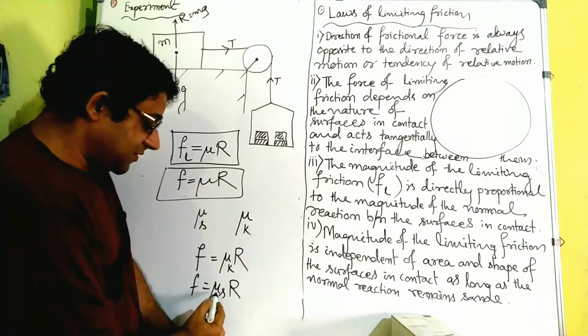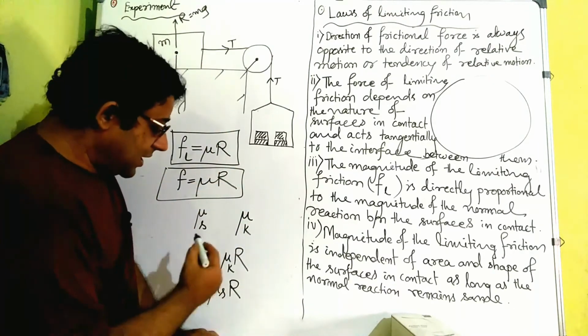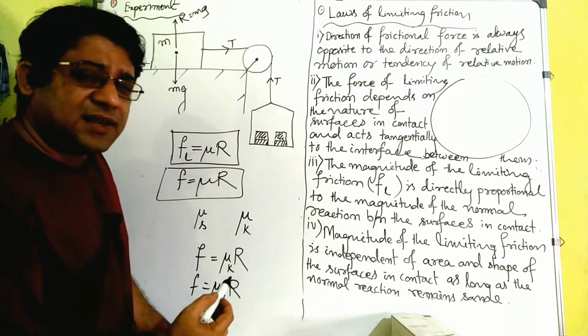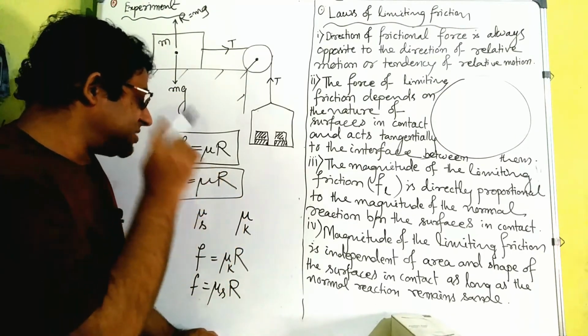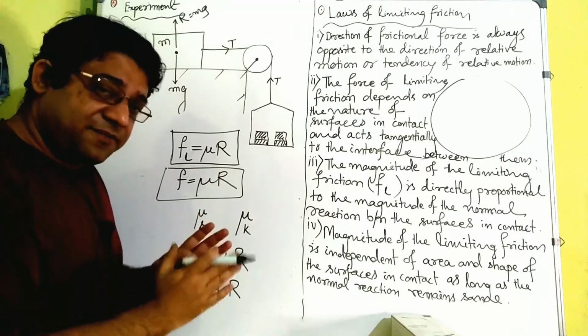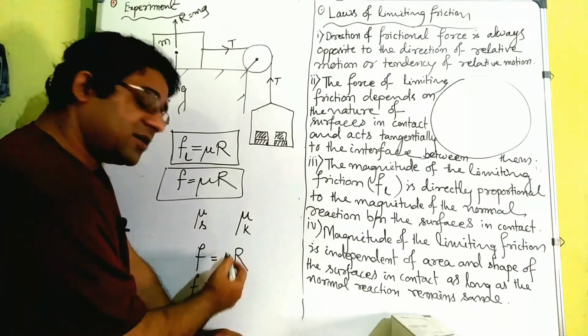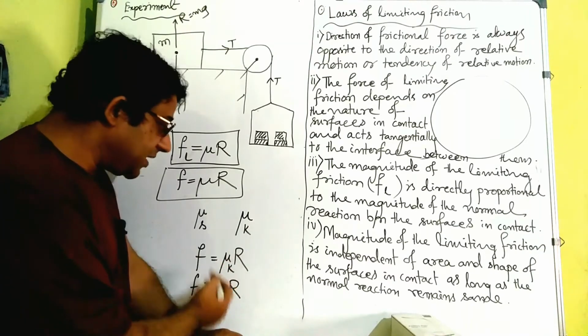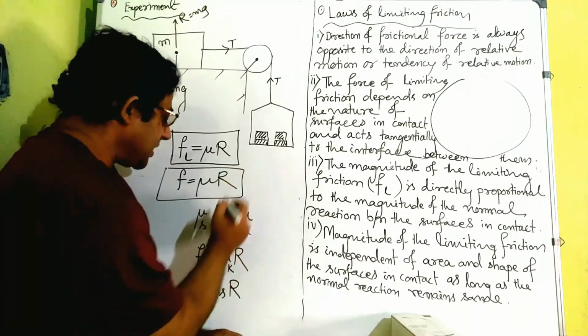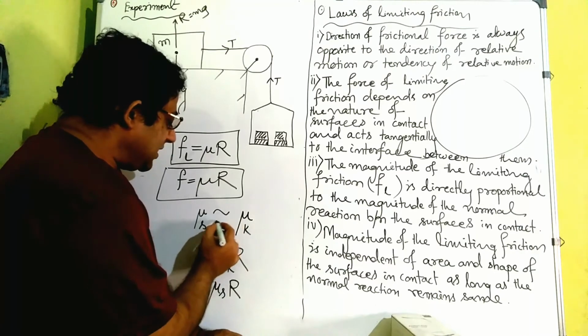This is the coefficient of static friction. Okay. Now this is only when the coefficient of static friction is this much and the coefficient of kinetic friction is this much, if it is specified in the question, or otherwise we may not take these things into account, because in practice these two are nearly equal.